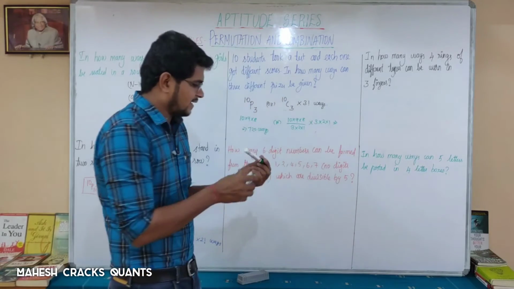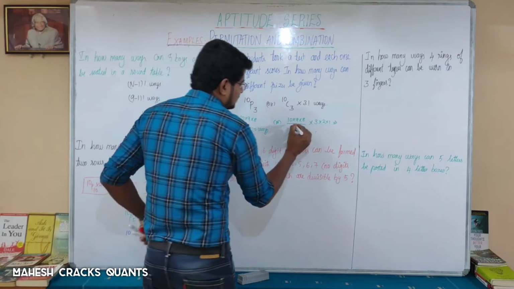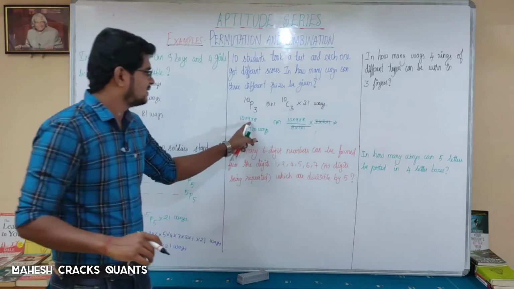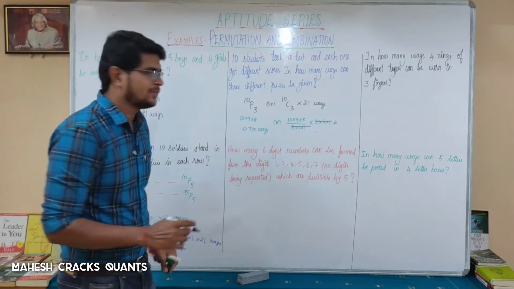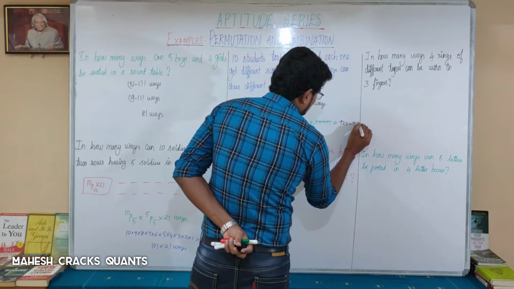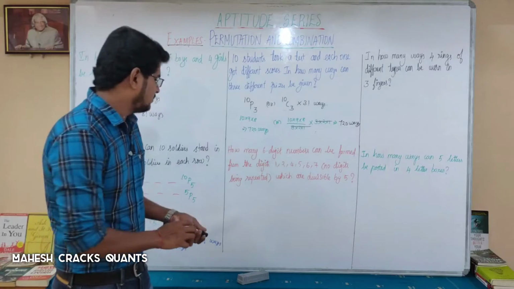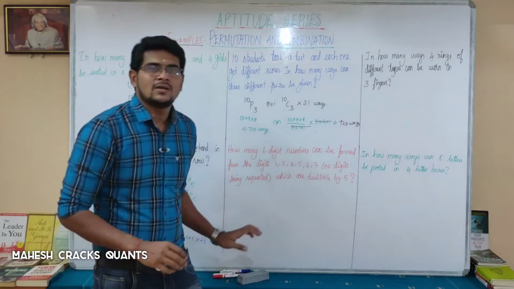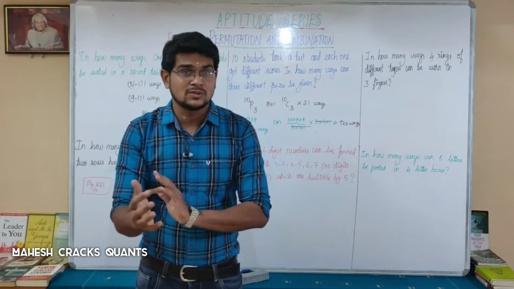When you cancel these, you get 10 into 9 into 8, which is 720 ways. So in how many ways can you give 3 prizes to 10 students? 720 ways.